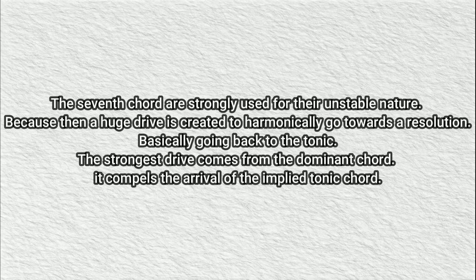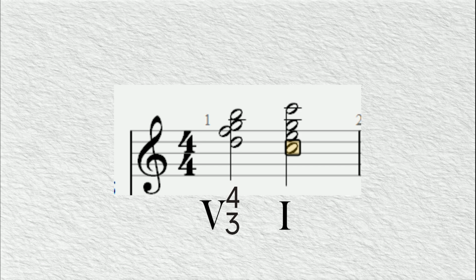The strongest drive comes from the dominant chord. It compels the arrival of the implied tonic chord. Another example is the leading tone 7th, whether it's a half diminished or a fully diminished chord, also have a strong tendency to resolve to the tonic.